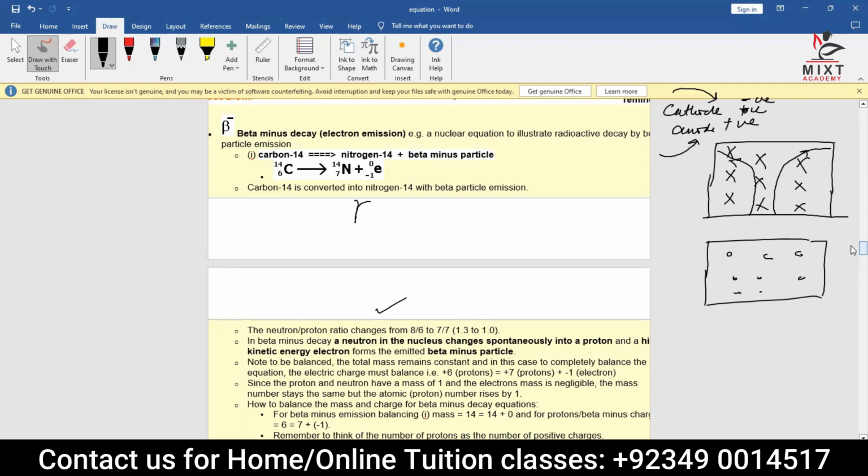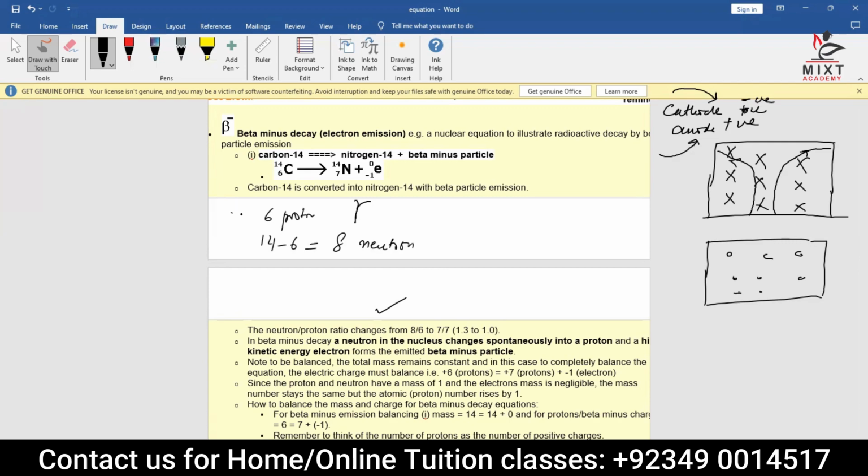No, no, no. Wait, I tell you. First of all, a very important thing is carbon actually emitted a beta radiation from there, right? So if I ask you the carbon nucleus only, it has 6 protons, and neutrons are 14 minus 6, mass number minus the atomic number, which is equal to 8. It means 8 neutrons.